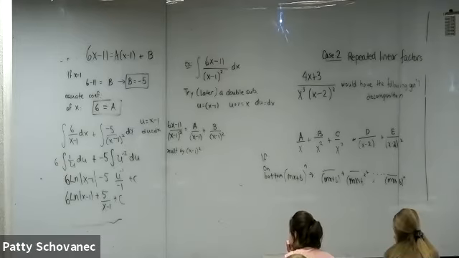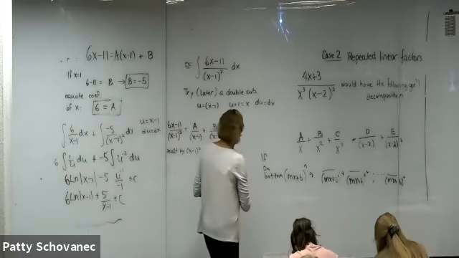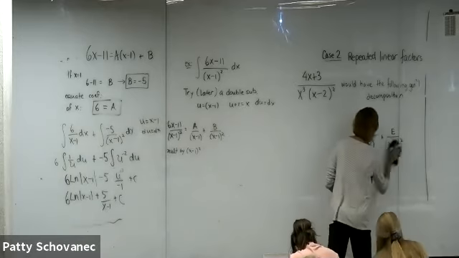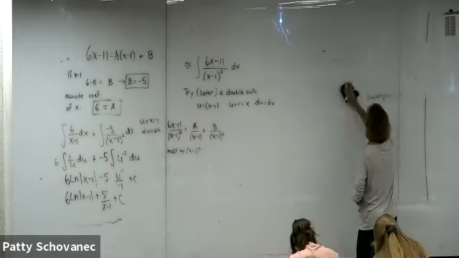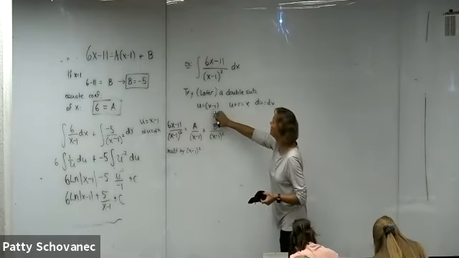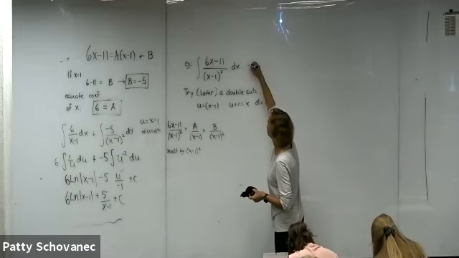Let's see what that double substitution looks like, just for the heck of it. Go back and try this, because I want you to be aware of all your options. Some of them are quicker than others. Right, if u is x minus 1, then u plus 1 is x, and du is dx.